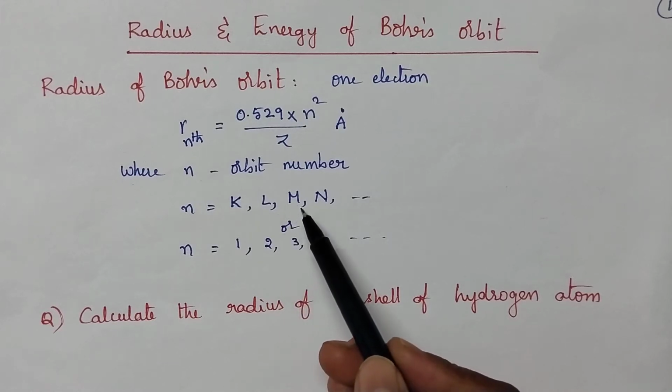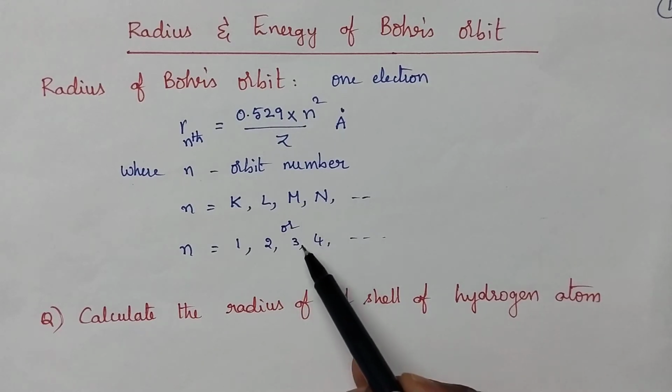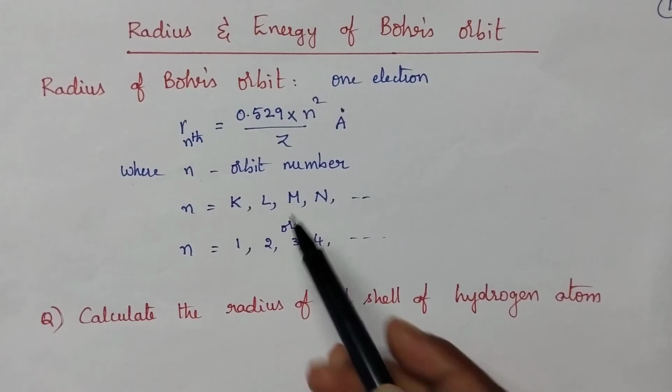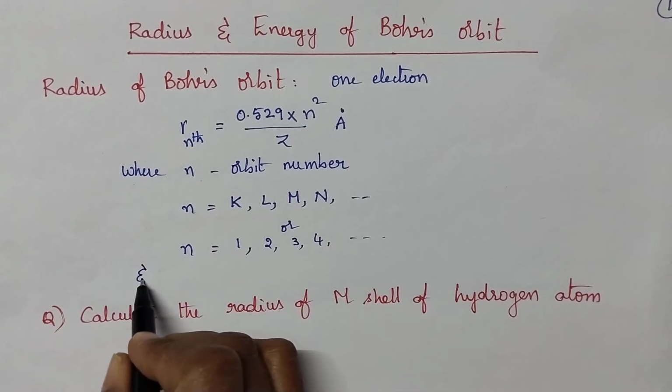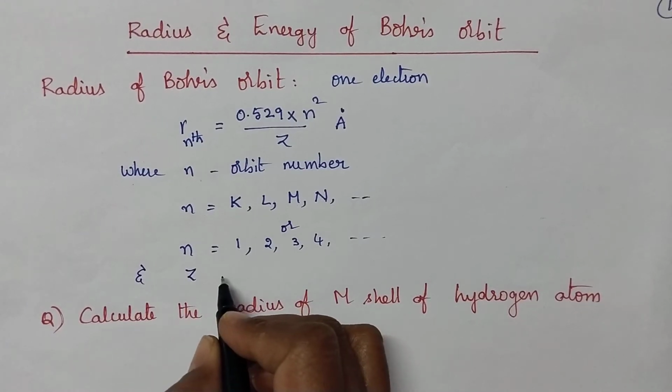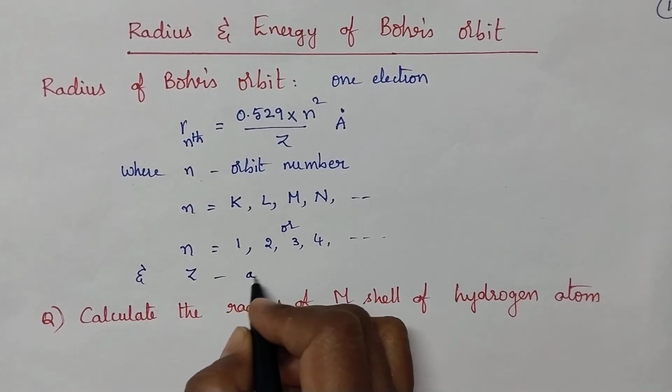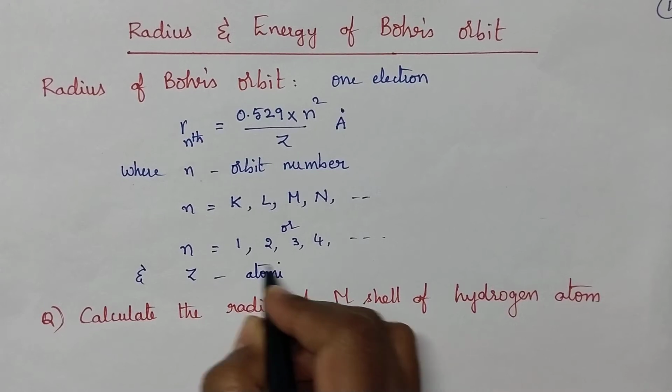If the electron is present in the M shell, that means it is present in the third orbit. Clear, students? And Z represents the atomic number.